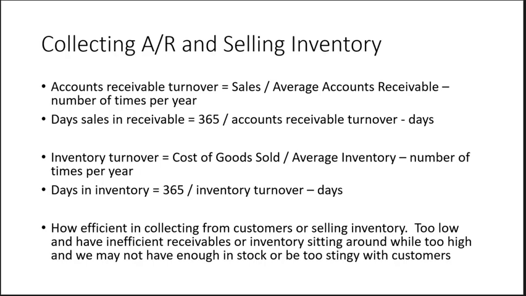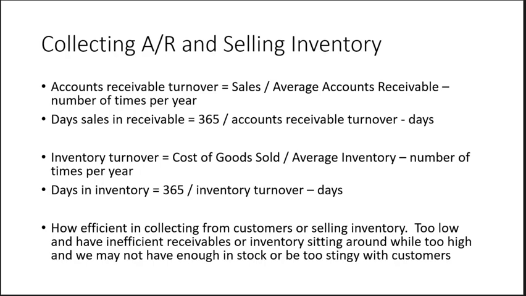So we take our sales off the income statement and we divide it by the average accounts receivable. Now when we say average, we're taking the beginning of the year plus the end of the year and dividing it by 2. So you add it together, divide by 2, that's your average.